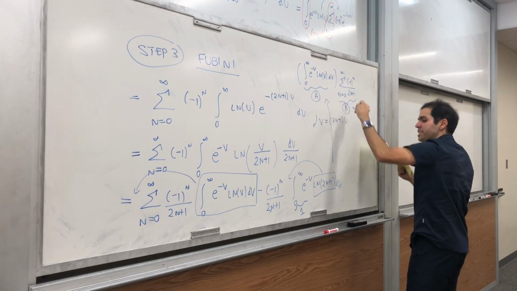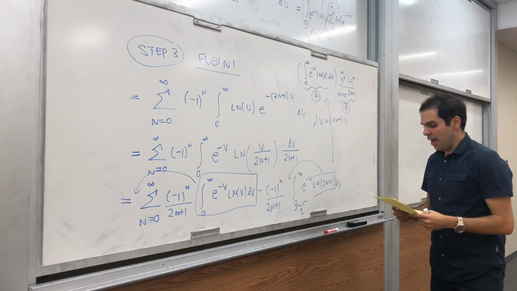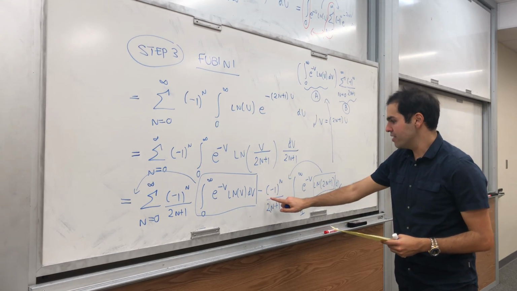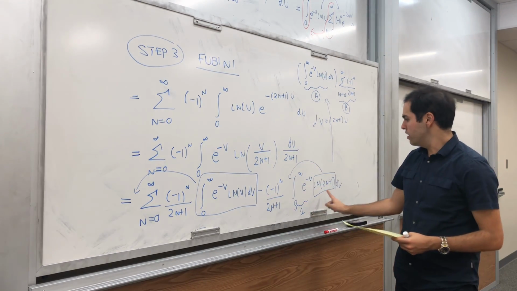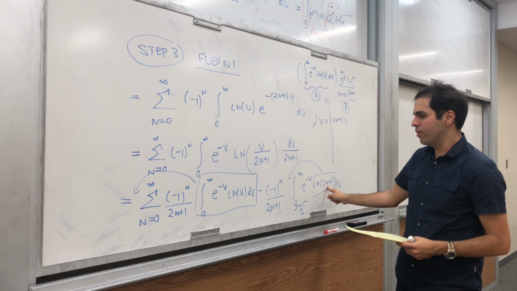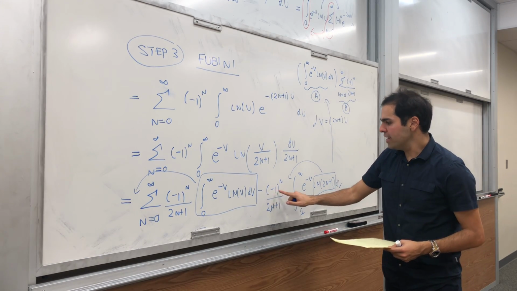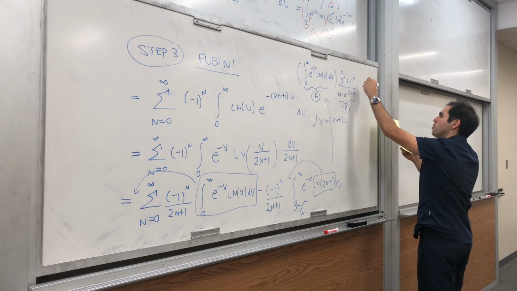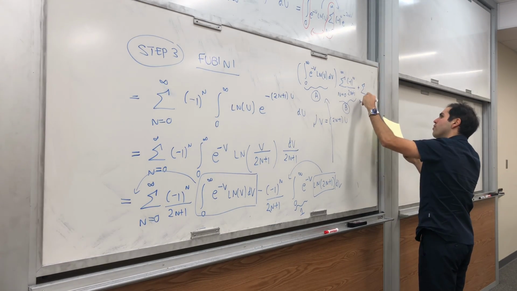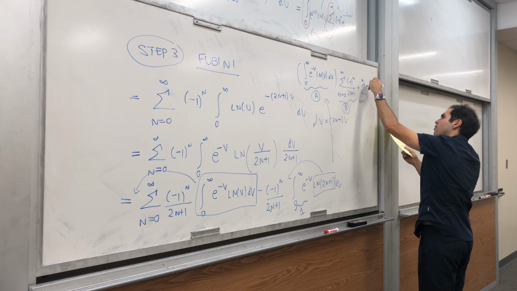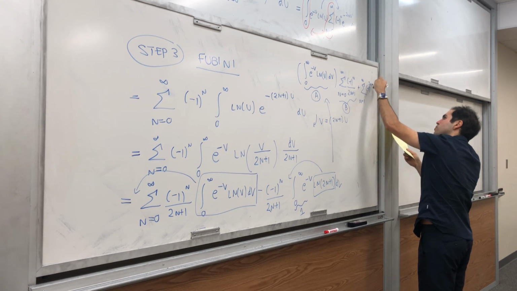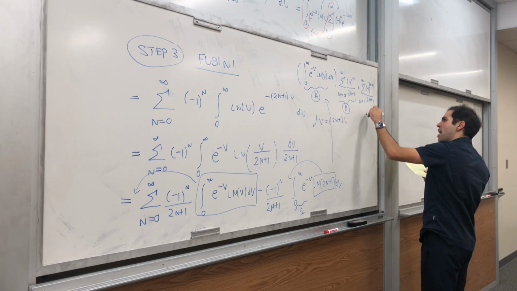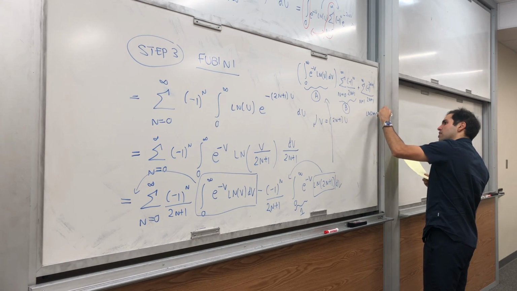That's our term B. And lastly, this term here, the sum from 1 to infinity, because this term is 0 at 0, of minus 1 to the n plus 1 over 2n plus 1 times the term ln of 2n plus 1.